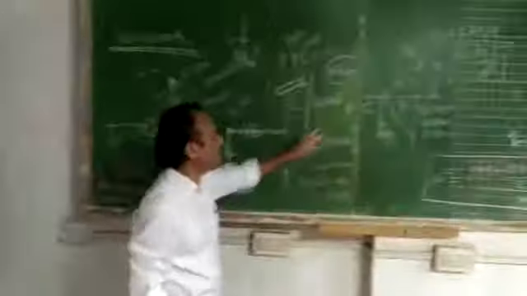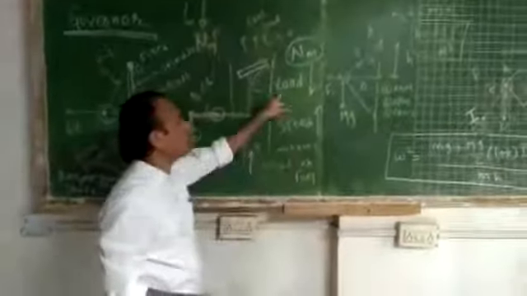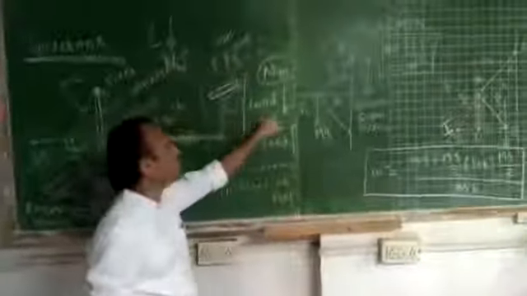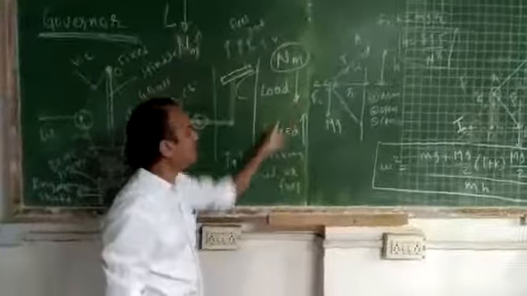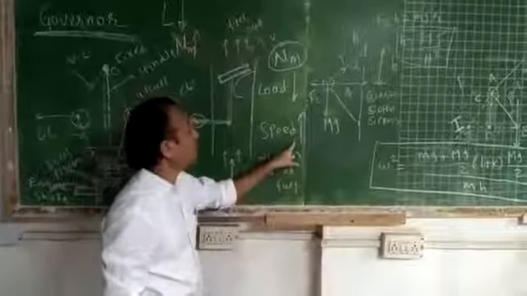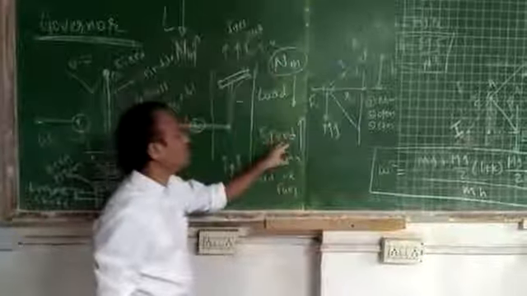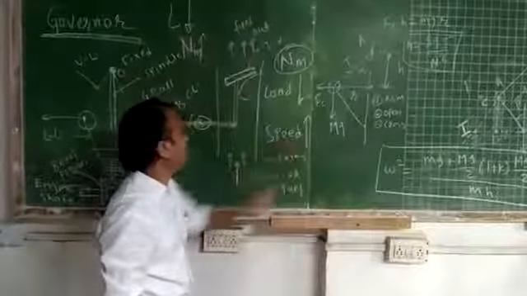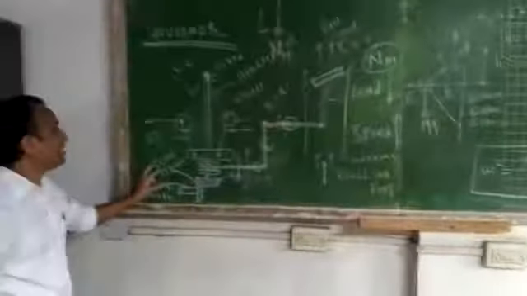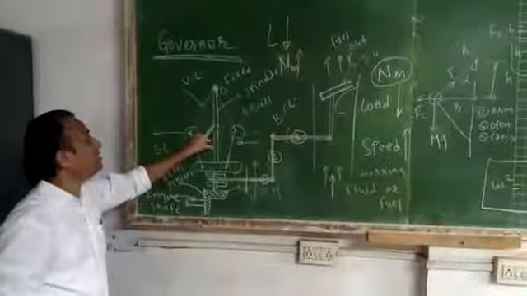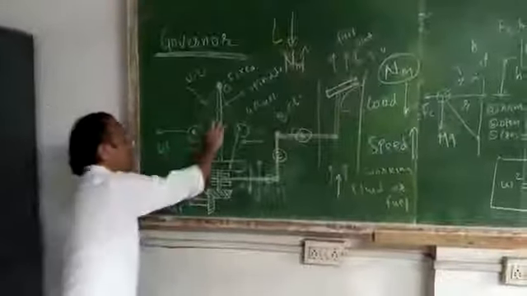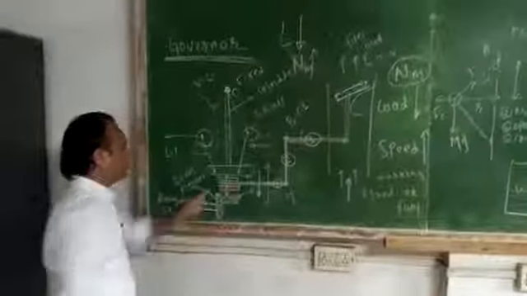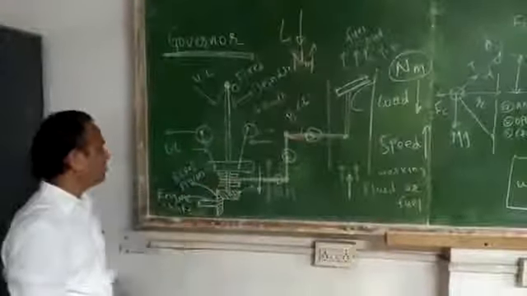Second case we will discuss, that is if load on the engine is less. So if the load on the engine or prime mover is less, what will happen? Speed of engine shaft is more. This higher speed of engine shaft will be conveyed to the governor shaft via gear.